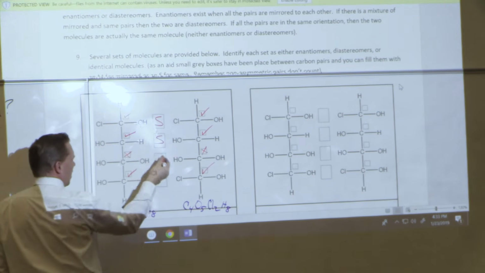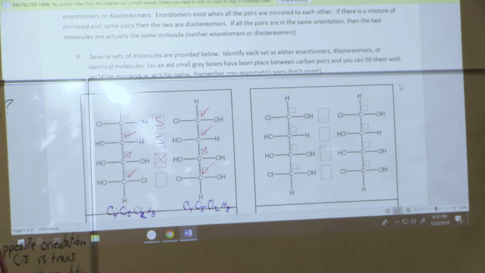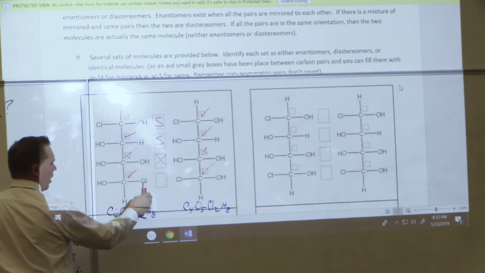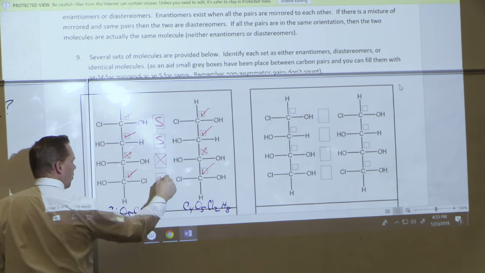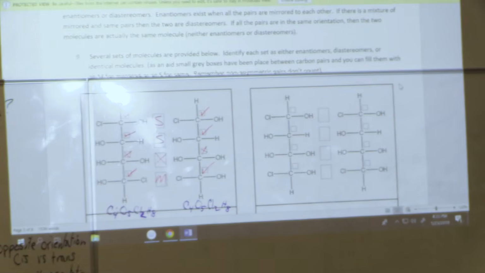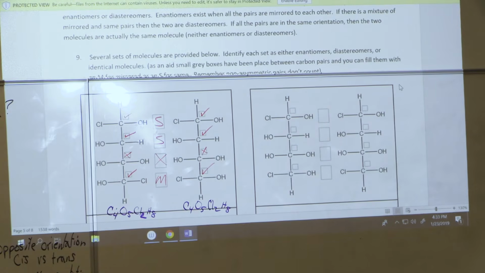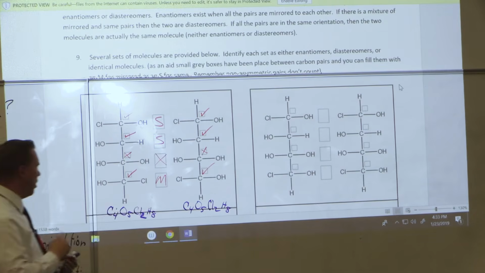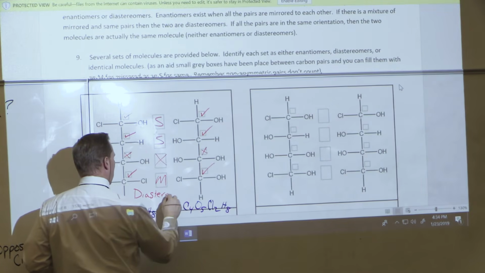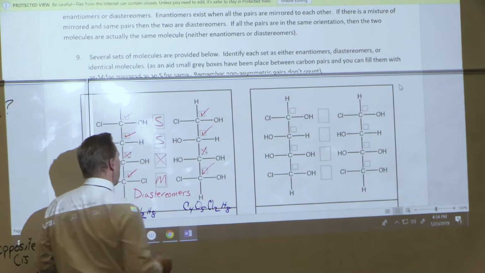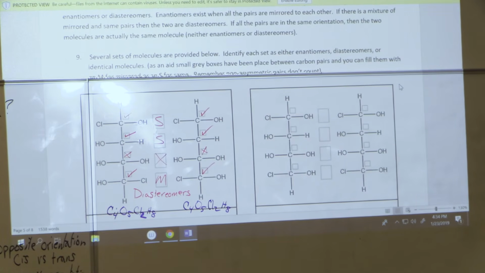Here, I don't care because it wasn't asymmetric. And on this last one, I have got chlorine on the right, and here the chlorine is on the left. So that's actually a mirrored pair. I go through and I look at that. I use my formula. I've got 2 S's and 1 M. That's a mixture. Therefore, this must be a pair of diastereomers. And that's how you go through and apply the rules to identify a pair of molecules.